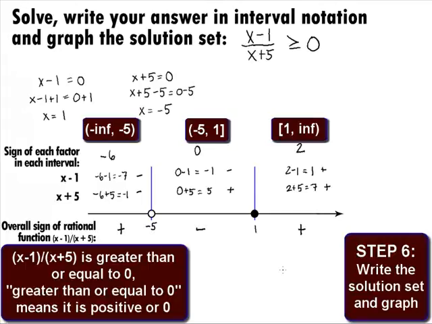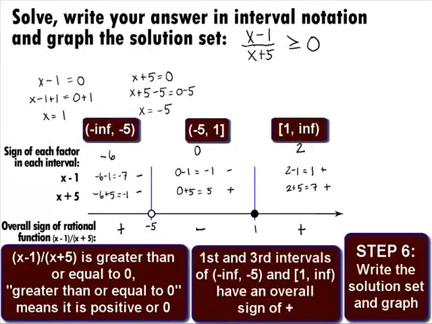Looking at the bottom line, it looks like the two intervals where the rational expression is positive are the first one, negative infinity to negative 5, or the third one, which is 1 to infinity. Since we are including where this expression is equal to 0, we will have a boxed end at 1. But since negative 5 causes the denominator to be 0, we will have a curved end at negative 5.